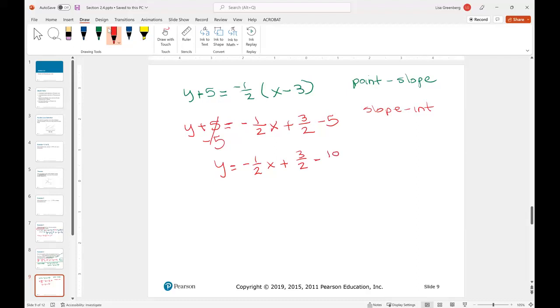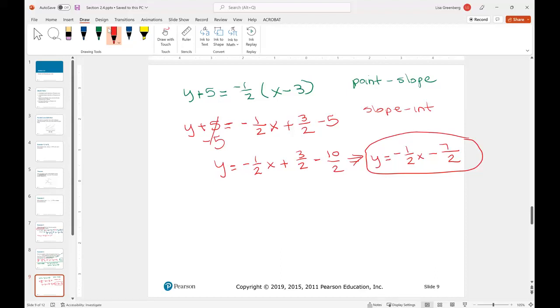This is 10/2, the same as 5. So we get y equals negative 1/2 x. And then 3 minus 10 is negative 7, so minus 7/2. So now, if you notice, it is in slope intercept, okay?